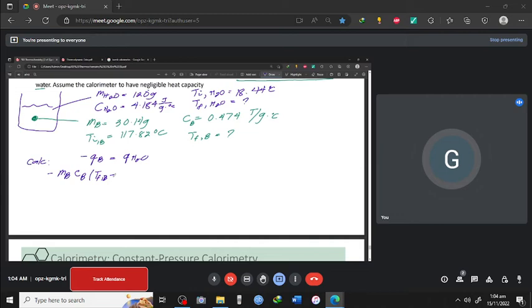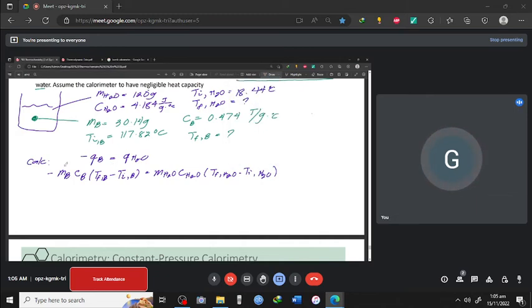And then minus TIB, okay, or temperature initial of the ball, equal to the mass of water, specific heat of the water, and then the change of temperature of water, which is TFH2O, and then minus TIH2O. Okay?